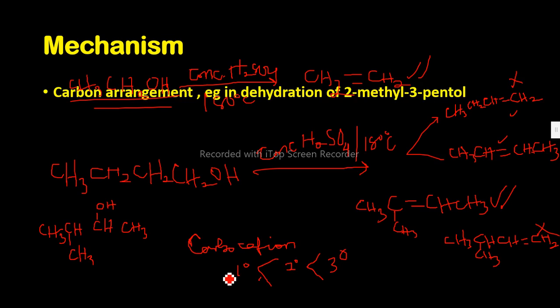Now, in cases where you're going to form a tertiary carbocation instead of a secondary carbocation, then the compound undergoes arrangement to form a tertiary, which is more stable than a secondary carbocation.